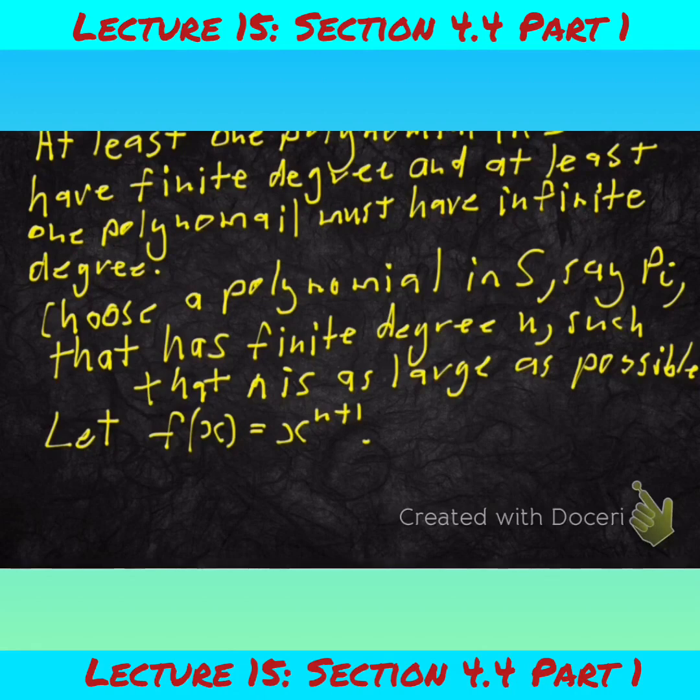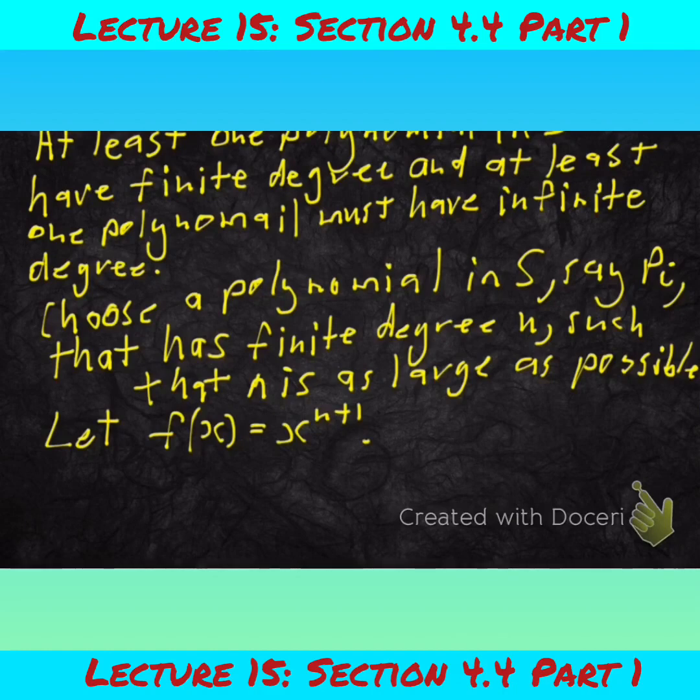Well, the polynomials in S that have infinite degree are not going to help me, so I need to multiply them with zero scalars. The only polynomials that are going to help me to write f of x as a linear combination of vectors in S are the ones that have finite degree.